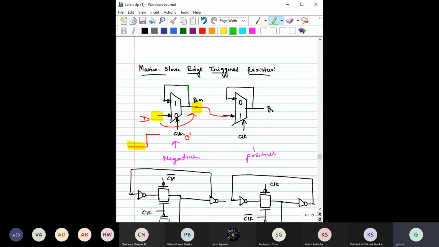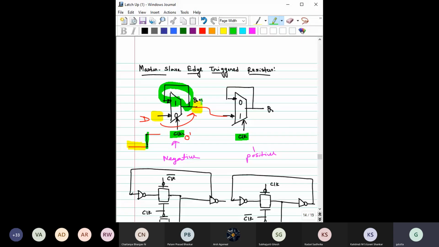Now what will happen when this clock starts rising at this edge? This clock is becoming 1, this clock is also becoming 1, but then this clock will select this one, and this will go into the hold mode.